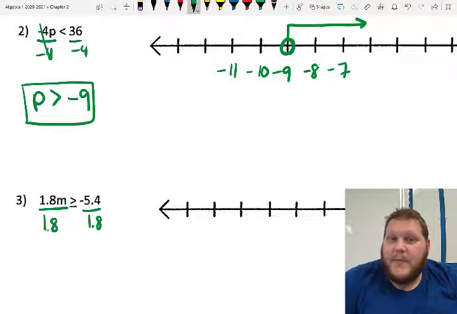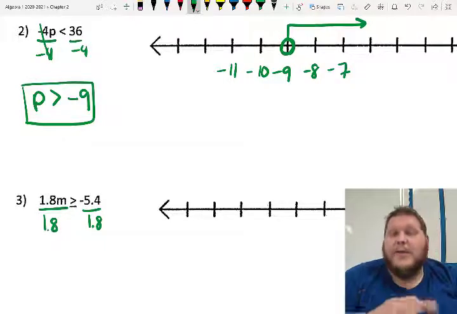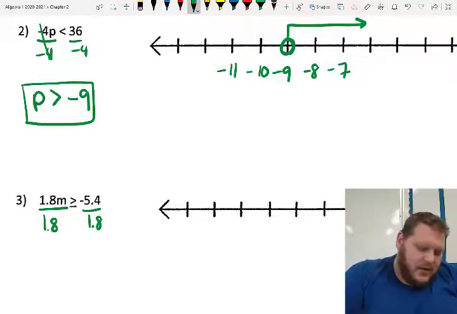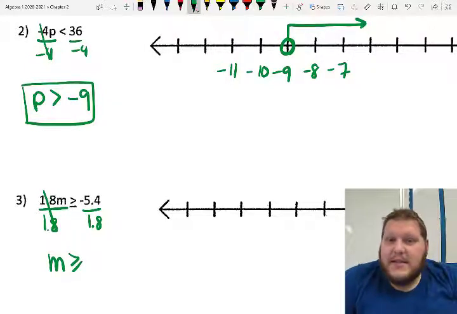So I don't flip my inequality here, even though I'm dealing with a negative 5.4, because what I'm dividing by is a positive 1.8. I don't flip my inequality. It's only when you multiply or divide a negative number on both sides of your inequality that you flip the direction of that. So here, my 1.8 cancels. I just have m is greater than or equal to, because it's going to stay the same.